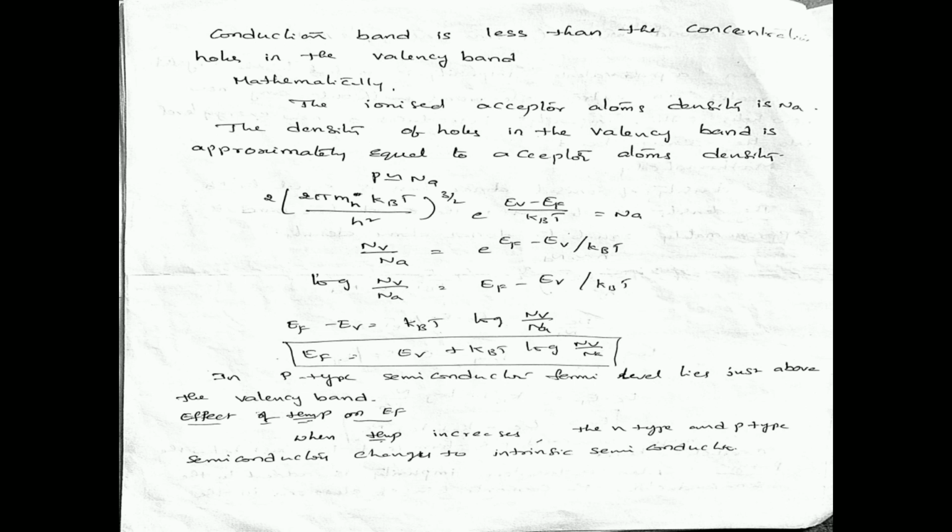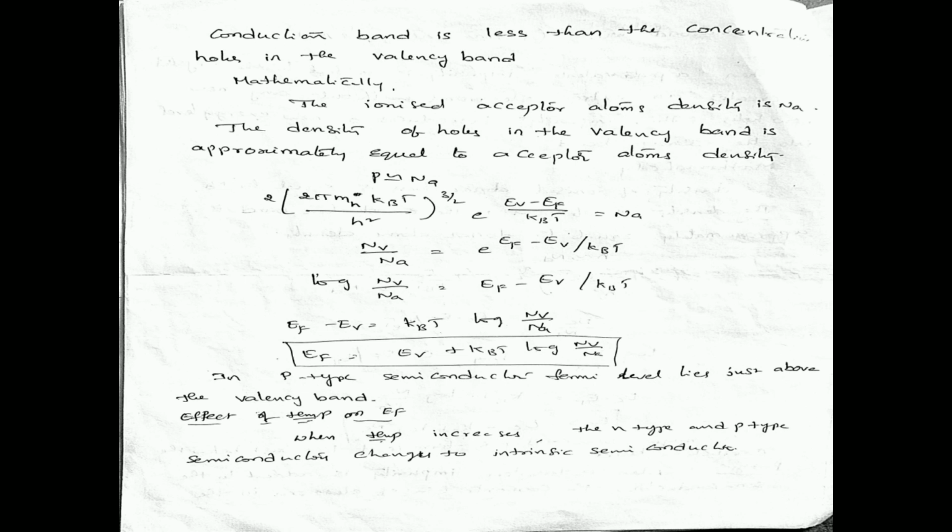Nv by Na is equal to e power (Ef minus Ev) by kBT. Taking log on both sides, Ef minus Ev is equal to kBT log Nv by Na. Ef is equal to Ev plus kBT log Nv by Na.